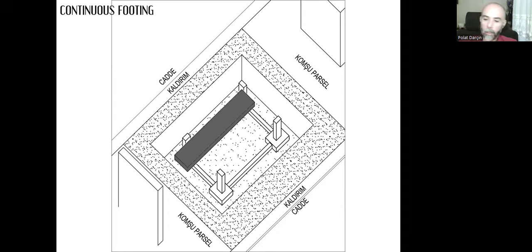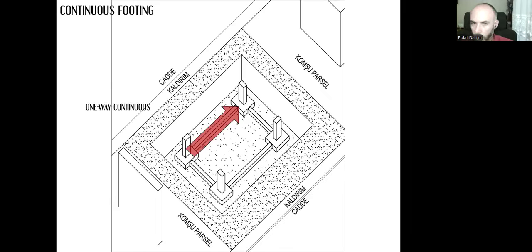That means that we can create a very long pad and have two different columns over one single pad like that. It can be continuous in one direction, one-way continuous, or if we want, we can do this in two ways.